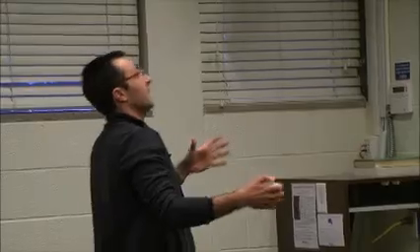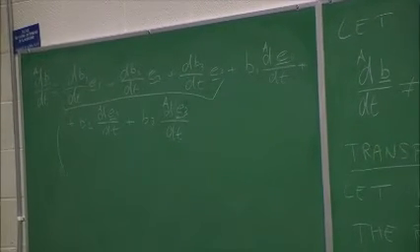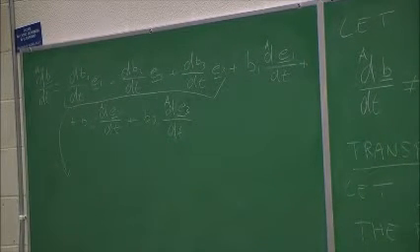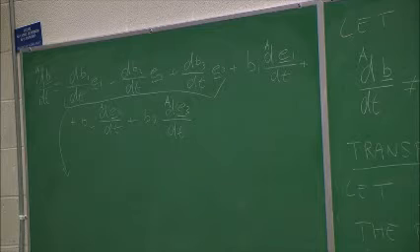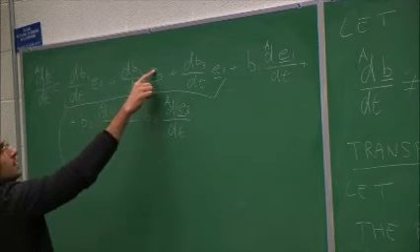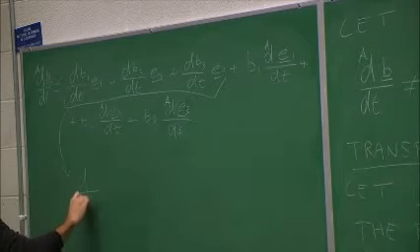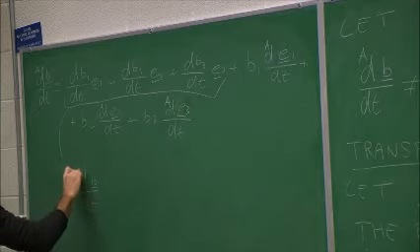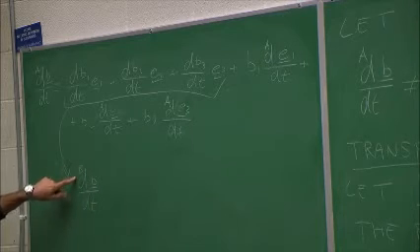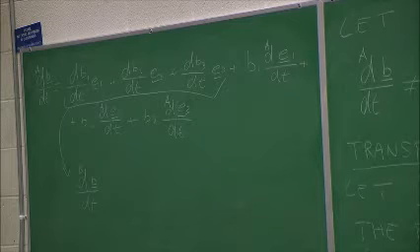Yes? Should there be reference frame A in front of... Yeah, sorry, absolutely. Thank you. If you have a rate of change of a vector without telling me who's the person taking the rate of change, something is wrong. So that's what B sees, right? Because B has these guys fixed. So this is the rate of change of b according to observer capital B. That guy doesn't see anything else.